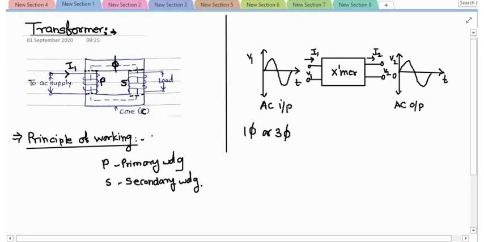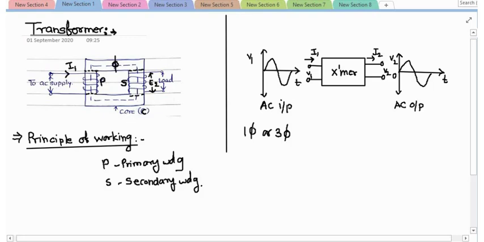This phenomenon, due to which an alternating current in the primary winding produces an EMF in the secondary winding, is known as mutual induction, and the EMF induced in the secondary winding is known as mutually induced EMF or EMF of mutual induction. The frequency of the EMF induced on the secondary side is the same as that of the supply voltage frequency.